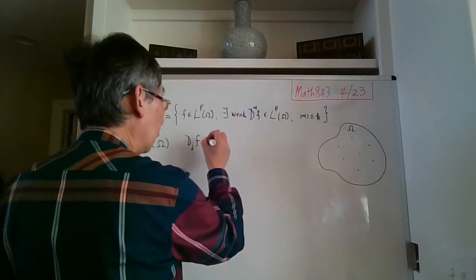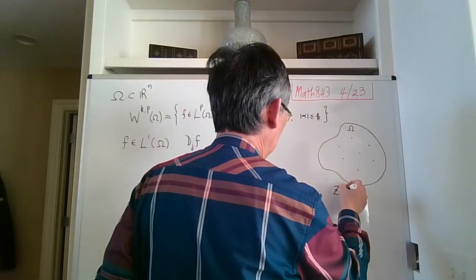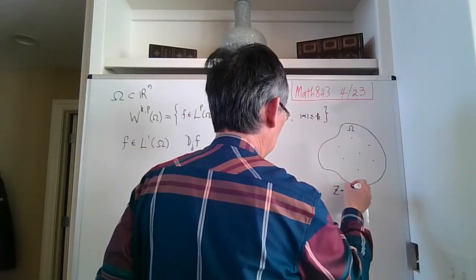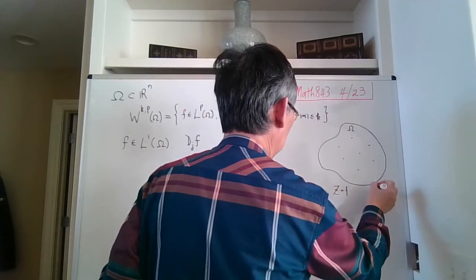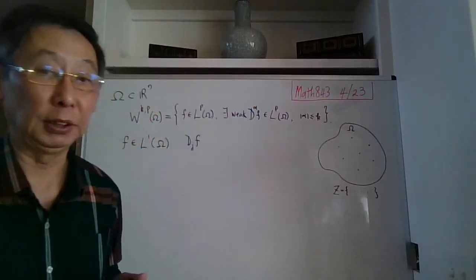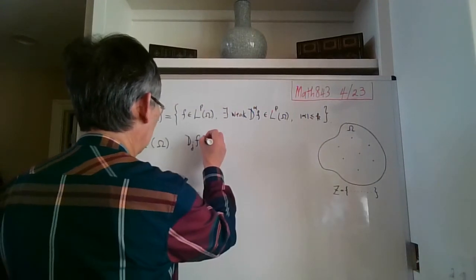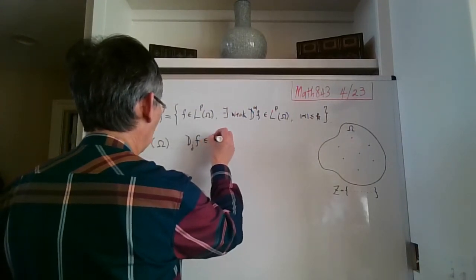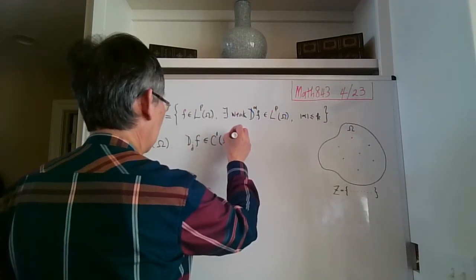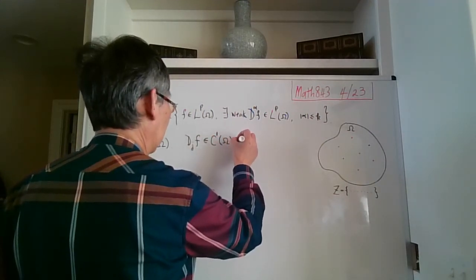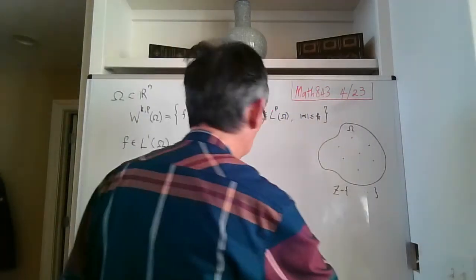Let's call Z the collection of all these bad points. I don't have to give a notation for these points, so just denote Z as the collection of all these bad points. So D_j f is in C^1 of Omega minus Z. This means that at Z, the function is not differentiable.